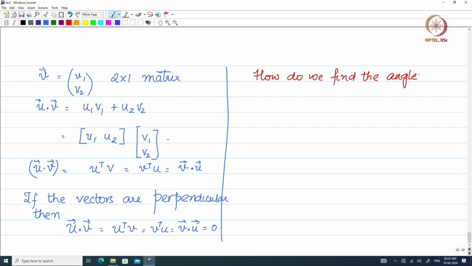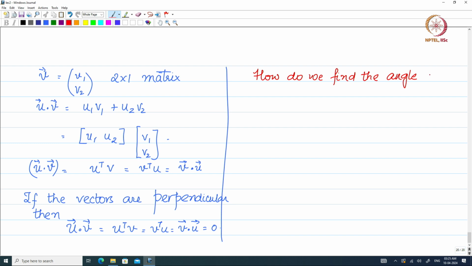If the angle between the vectors is 90 degrees, then v dot u is 0, or if v dot u is 0, then we say that the angle between the two vectors is 90 degrees. But I want to capture the idea of any general angle, not very specifically 90 degrees. For any angle theta, how are we going to capture this notion of the angle between two vectors mathematically?